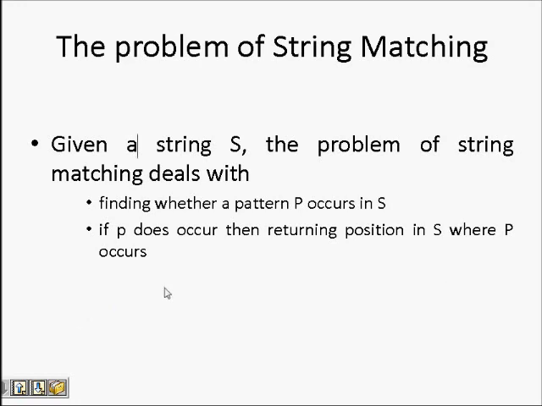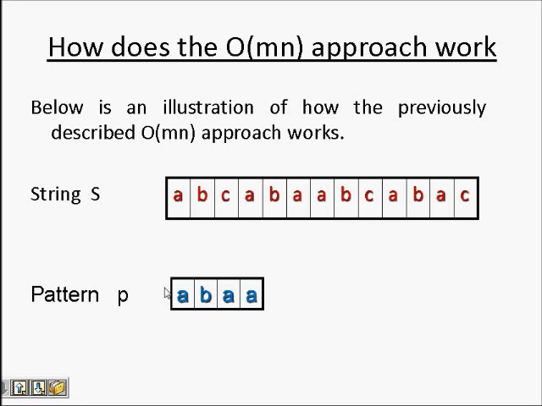Moving further, the simplest basic approach is known as shifting the window. This is our string S and this is the pattern ABAA, which you have to find in this string. This will be the window and we will slide this window by 1 till we match the complete text.